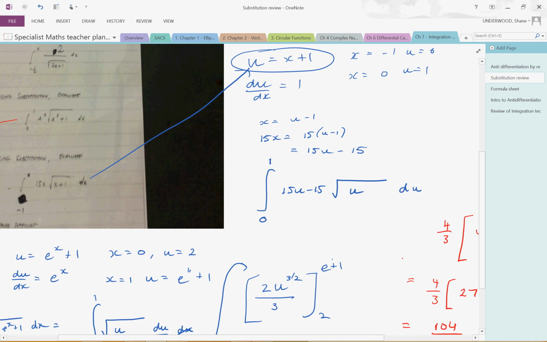So that's what you got. And what can I do from here? Take the 15 out the front. 0 to 1 of u minus 1, square root of u. And then you would just break it up and so on.